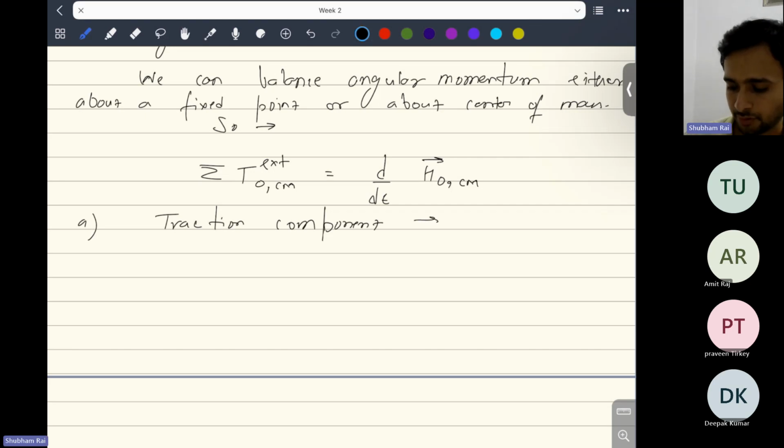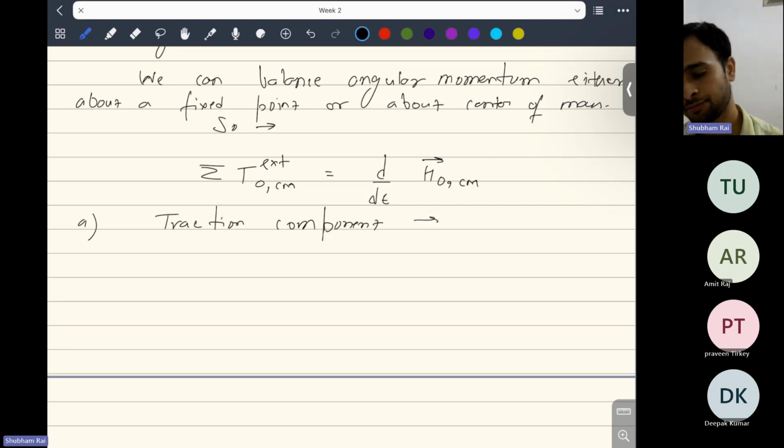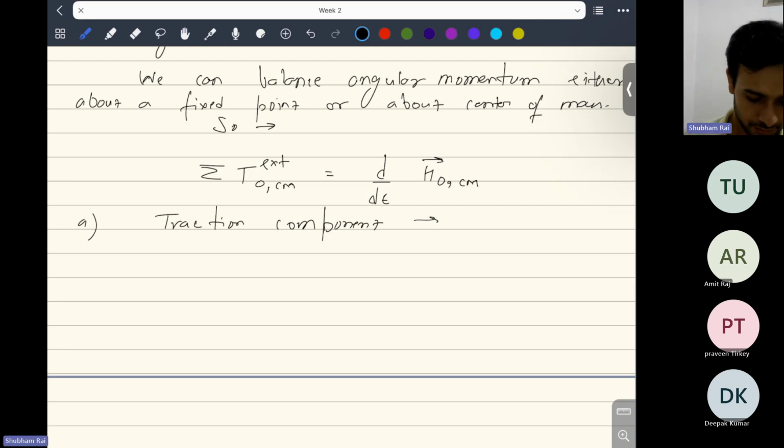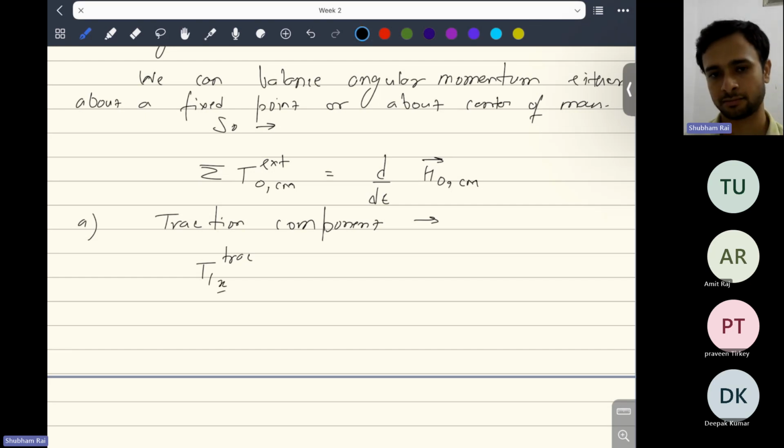Traction means some force, a distributed force or a point force, acting on the surface of the body. So let's say that traction component, I'm just writing T traction, is about, let's say, the center of mass of the body, and the coordinate of the center of mass is x vector.